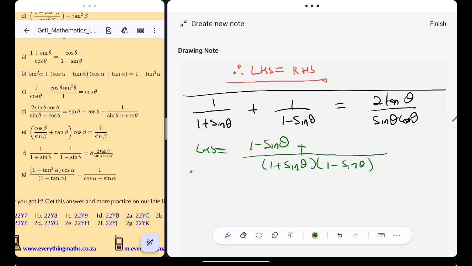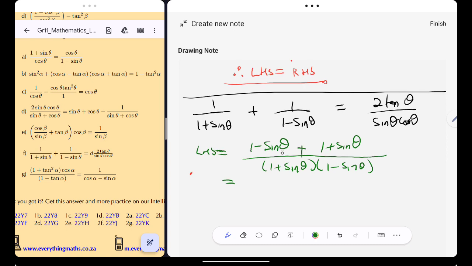Plus, take the LCD, multiply the second term. The 1 minus sine theta will cancel one another. I'll be left with 1 plus sine theta. So the negative sine theta and positive sine theta will cancel one another, and then 1 plus 1 will add. We'll have a 2 at the top.